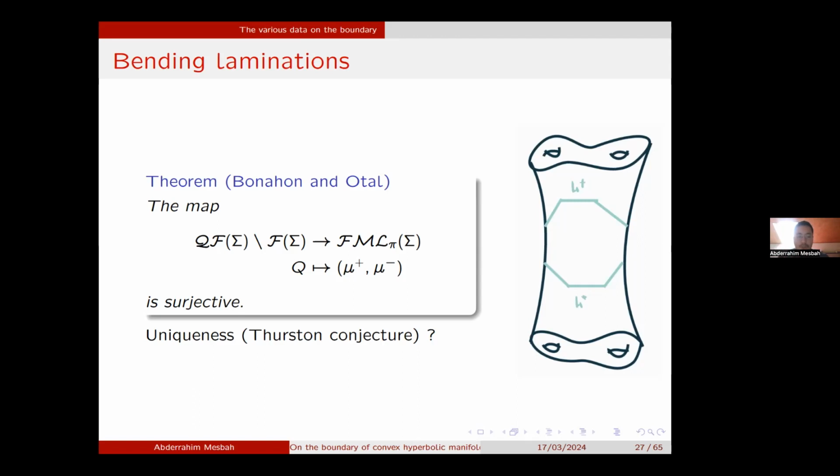So at the current time, if you take any two measured geodesic laminations, we can know whether or not there is a quasi-Fuchsian manifold that realizes them as the bending laminations of the boundary of the convex core, but we still don't know if it is unique or not. The uniqueness question is still open.